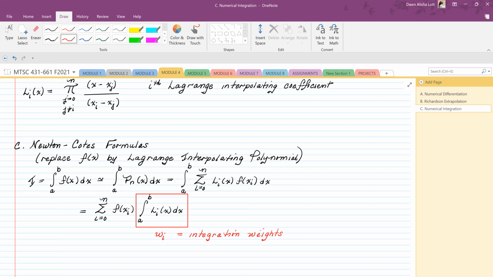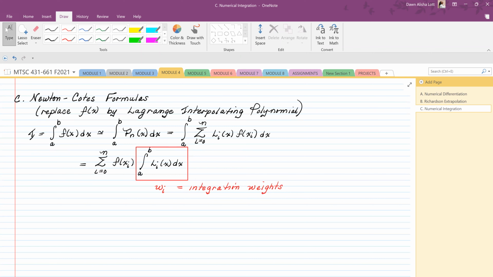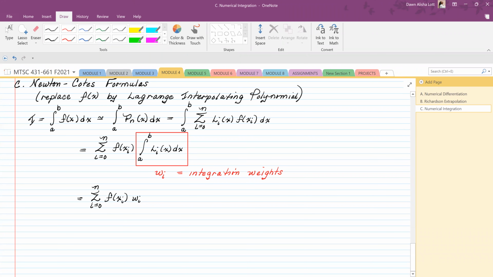Okay. So this goes back to saying what I just said before earlier, that this is then equal to the sum i equals 0 to n of f of the xi's times their weights, wi.